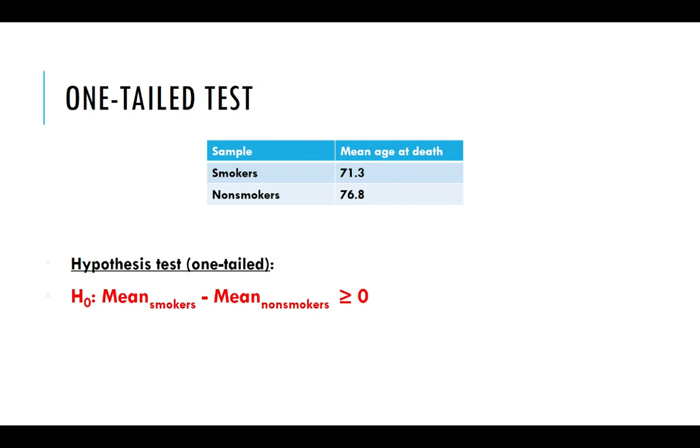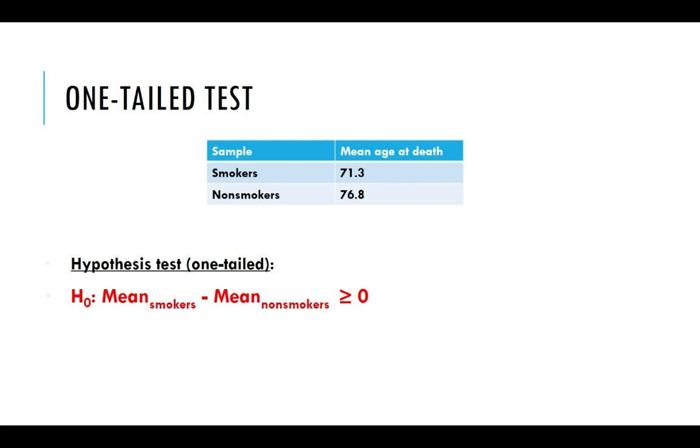So if I take the mean age at death for smokers minus the mean for non-smokers, I really think it's going to be negative, right? I think that smokers is smaller than non-smokers. But remember, my null hypothesis is the opposite of what I think. That's why it has to be greater than or equal to 0.